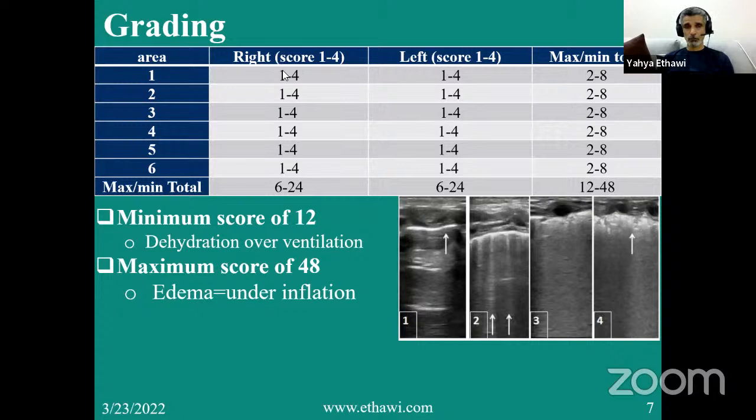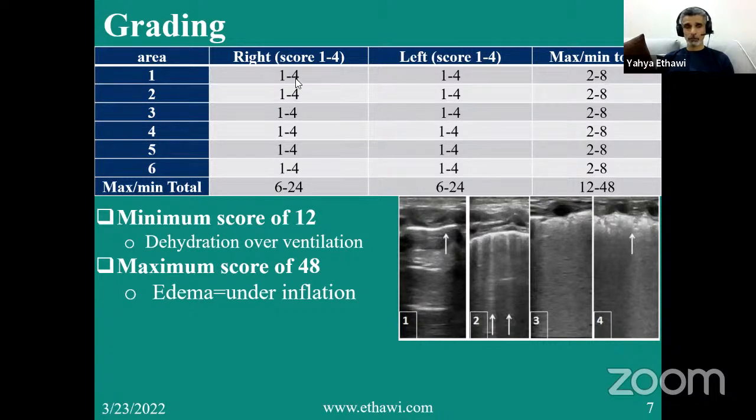So you can do the right side scoring and you get 24, or you can do the left side scoring and you get 24. Or you can score the upper and the lower, or the lateral, or the upper lateral, lower lateral, posterior upper, posterior lower, whatever. You can also get the score of either side on both sides for one zone, and then the score ranges from 2 to 8.